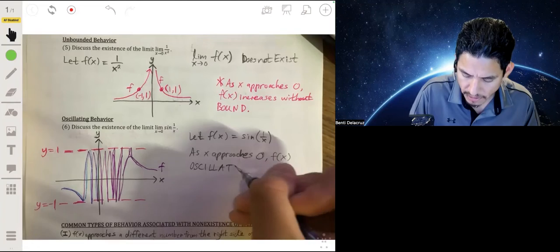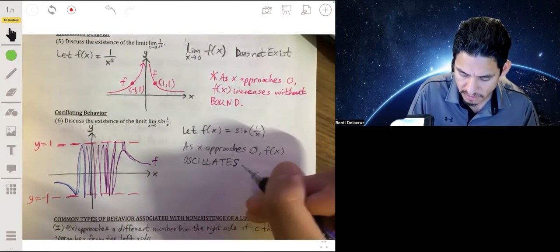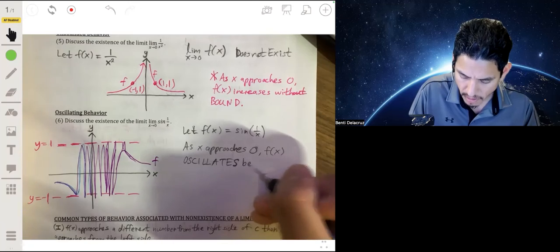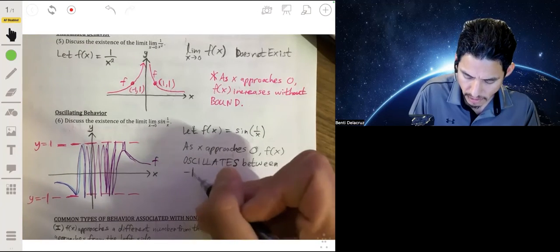Oscillates, I believe that's how you spell it. I like the word, it's a cool word. I kind of actually think it helps me sound smart. Between -1 and 1.